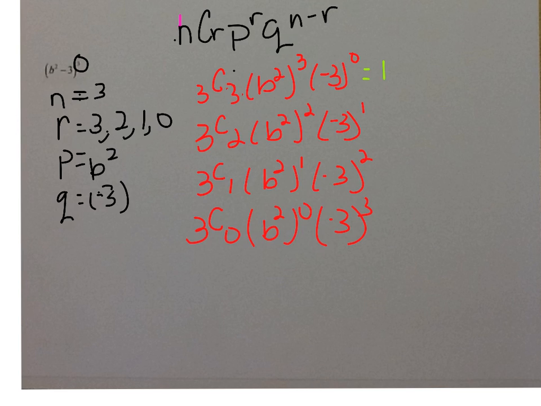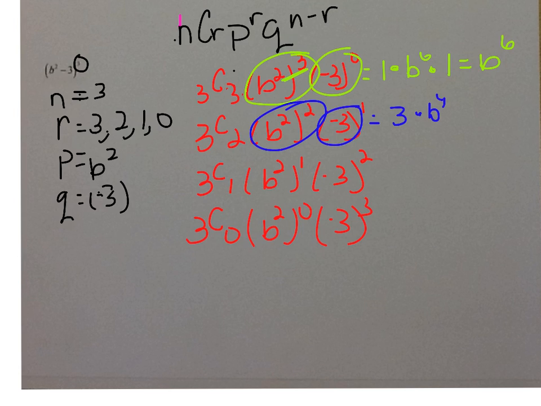3C3 is 1. Now this here, b squared to the third. Power to a power, you multiply the power, so that's b to the sixth. Anything to the 0 power is 1, so that's 1. So I get b to the sixth power. All right, next one. 3C2 is 3. b squared squared is b to the fourth times negative 3. So now I have negative 9b to the fourth.